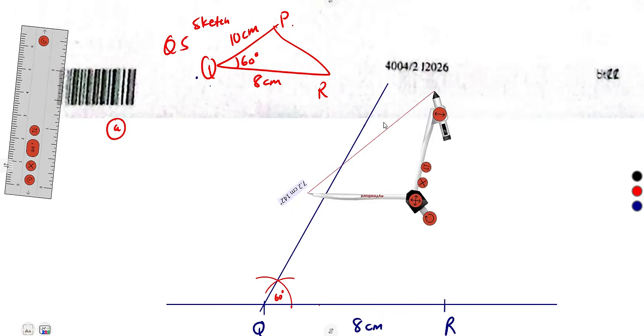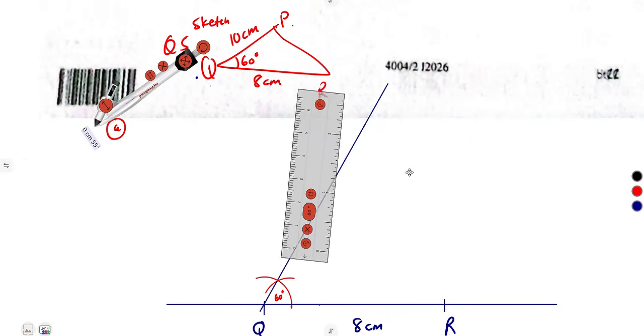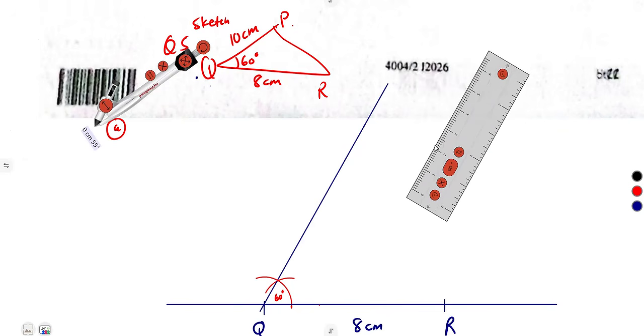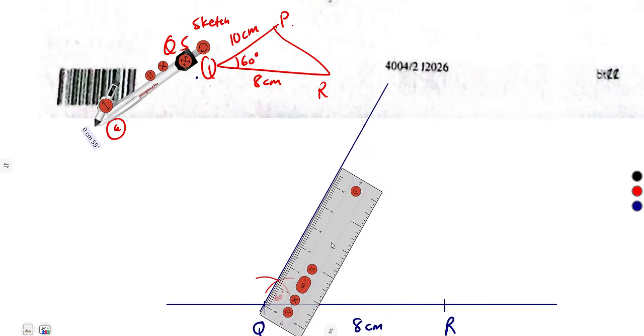It's limited to 9.2. So let us use the ruler simply along that 60 degrees, measure 10 centimeters and mark a point to indicate that. So 10 centimeters, that is here.